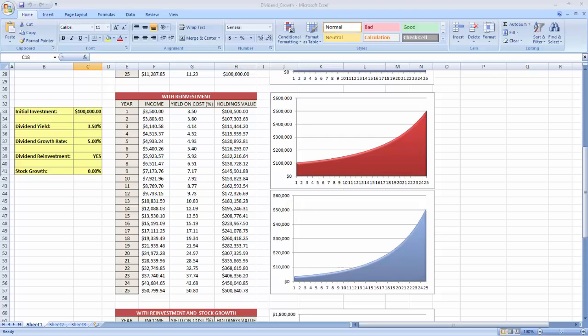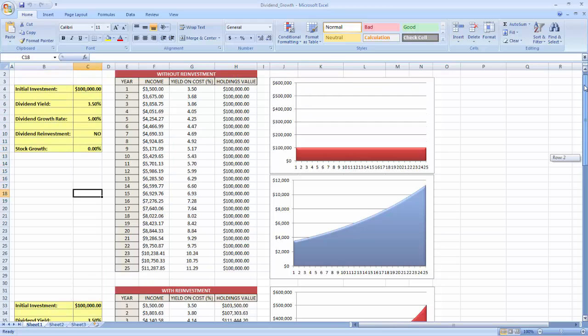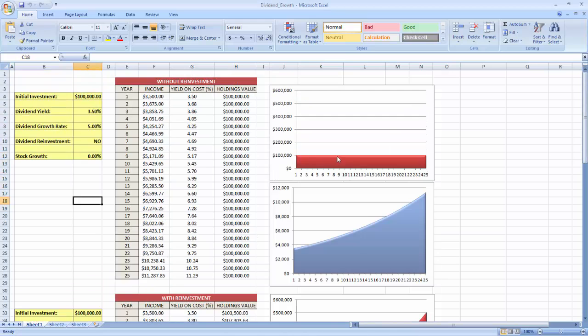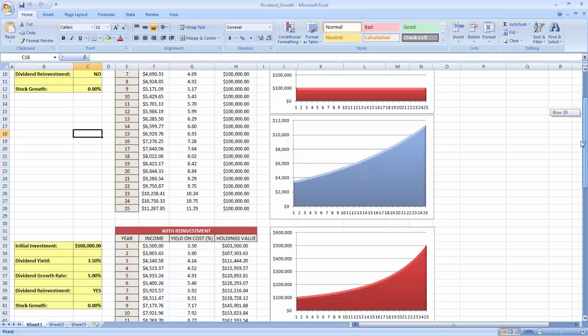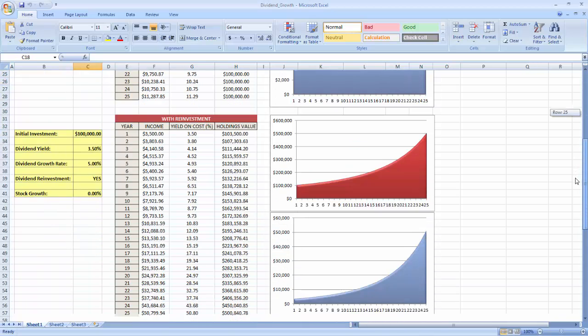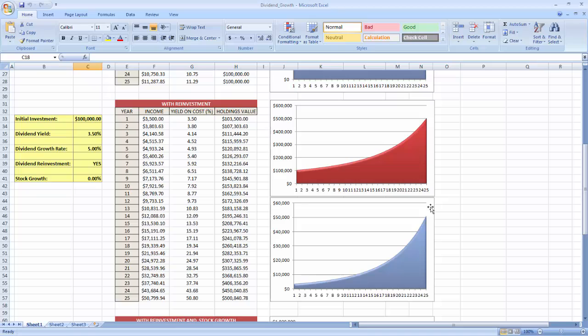In the previous example, there are charts over on the right side. Notice the red chart, which is the portfolio value, stays the same at 100 because you're taking all the dividends, and your annual paycheck slowly grows and grows up to around the $11,000 mark at year 25. The second example, since you're not taking those dividends, you're reinvesting them, you are seeing your portfolio grow exponentially up to the 500,000 plus mark.